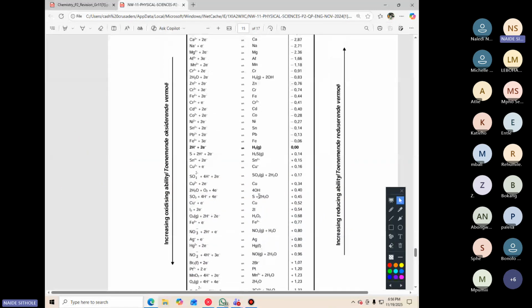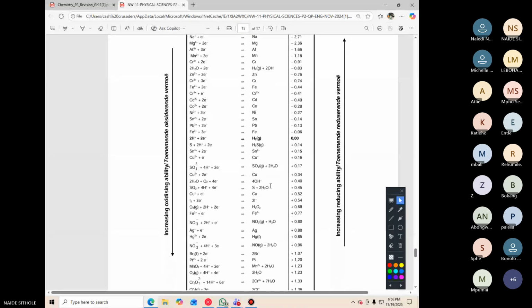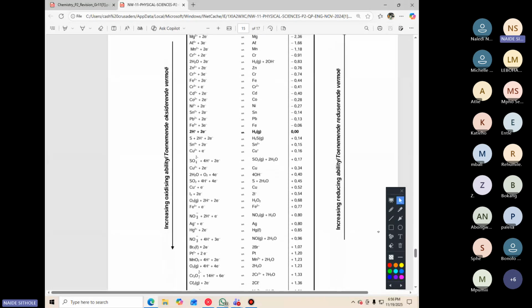So where is it? Okay, this one is saying NO3 minus and NO2. Not exactly the same. I want you to be able to differentiate between 0.96 and 0.80.